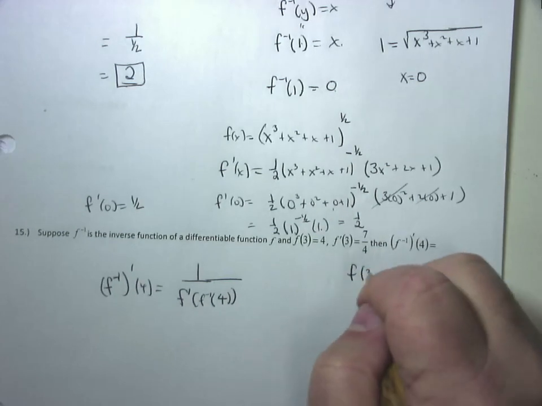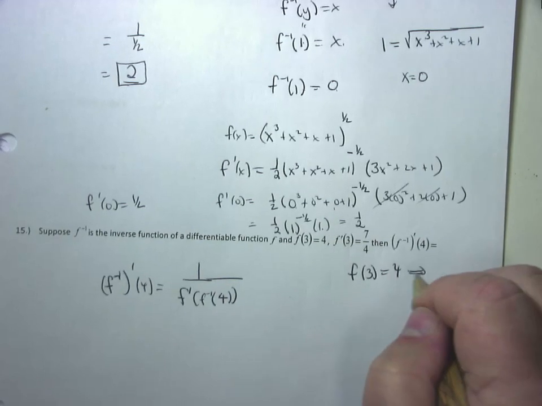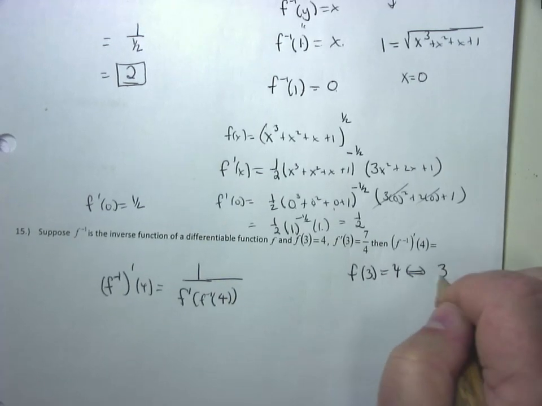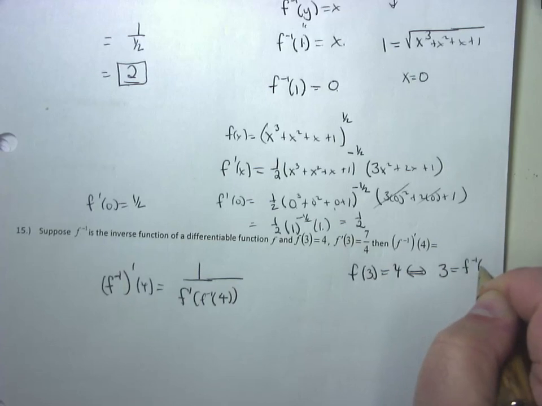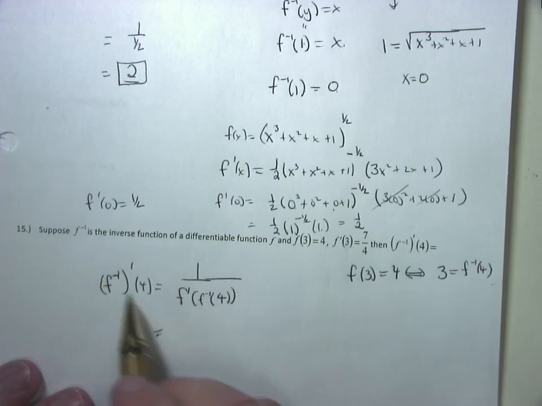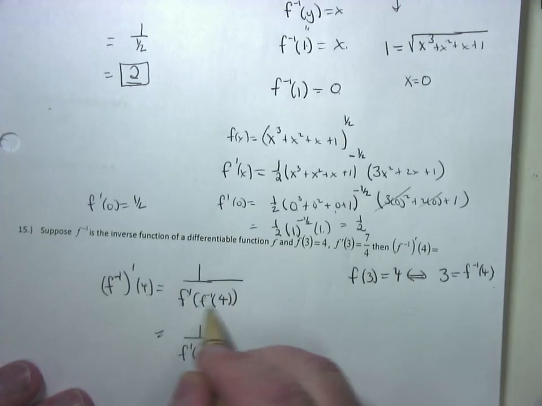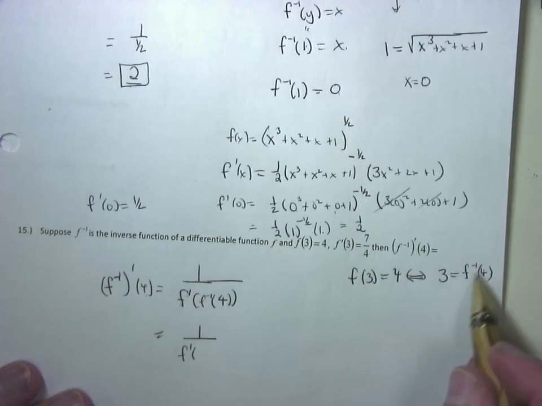If f of 3 is equal to 4, then remember with the inverse notation you can write it the other way. This means that 3 is equal to f inverse of 4. So f inverse prime of 4 is equal to 1 over f prime of f inverse of 4, and f inverse of 4 is actually equal to 3.